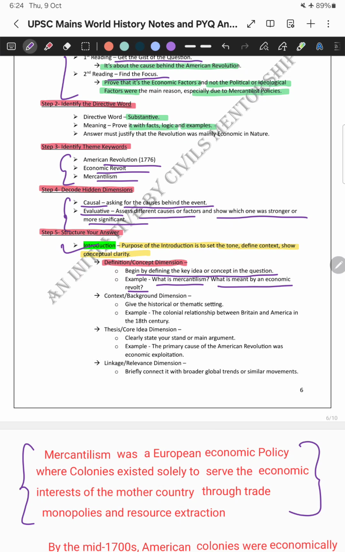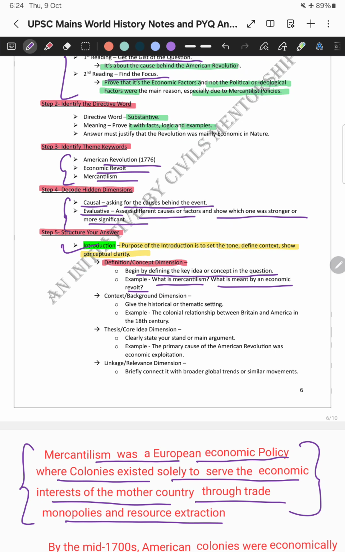Mercantilism was a European economic policy where colonies existed solely to serve the economic interests of the mother country through trade monopolies and resource extraction. So you can start the answer with this basic introduction. This was all about the first dimension, the definition or concept dimension.